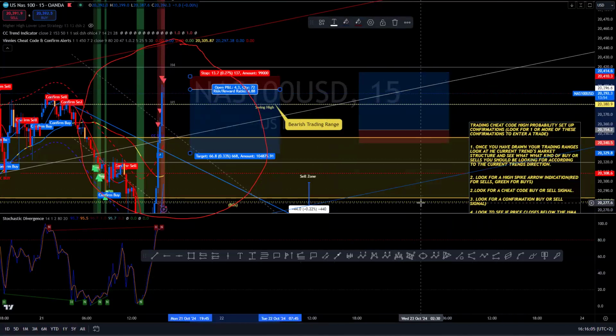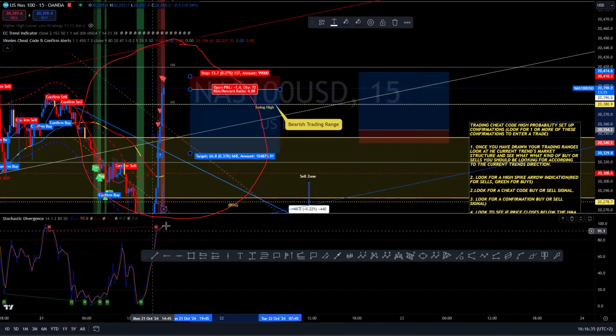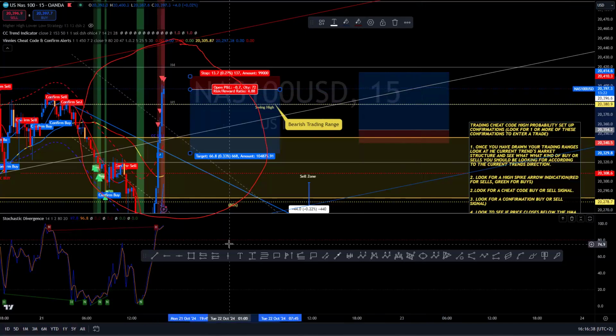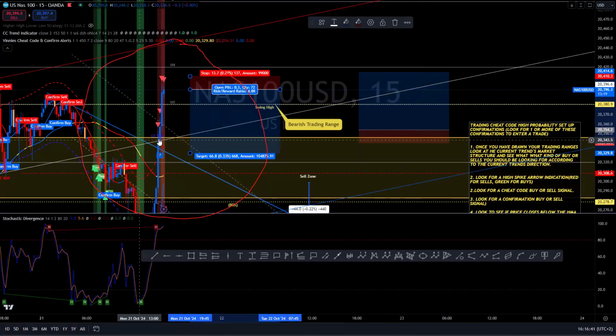So price is overbought. Buying up in this spot would be a different story if we were further down here, then I would have bought up.